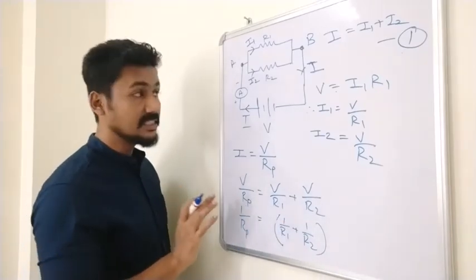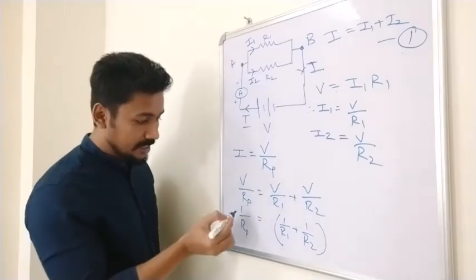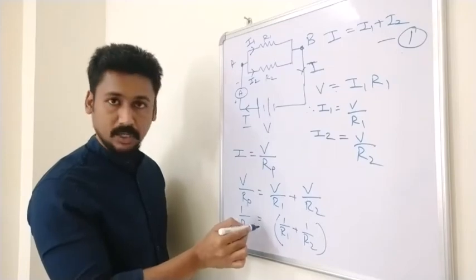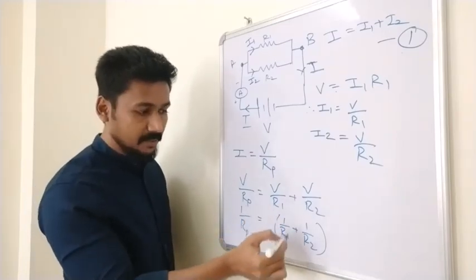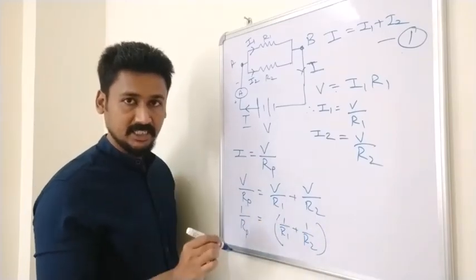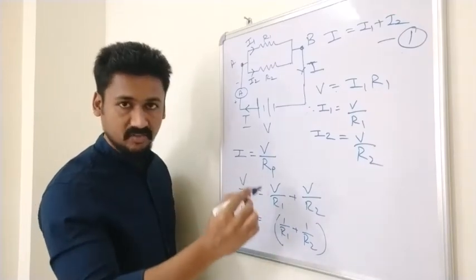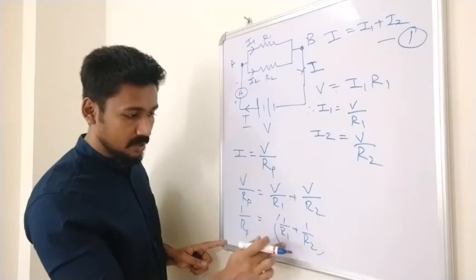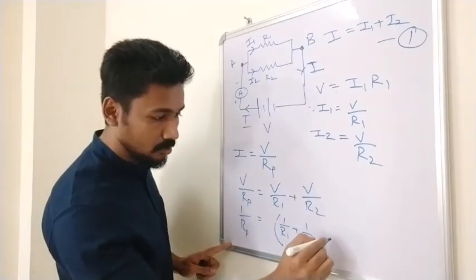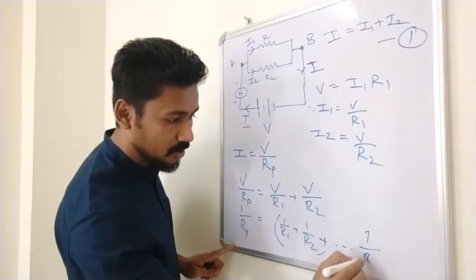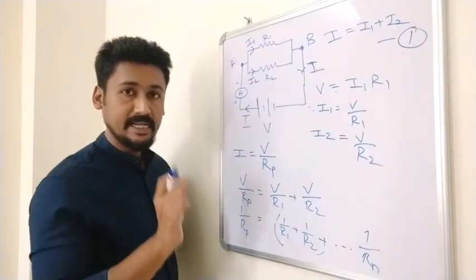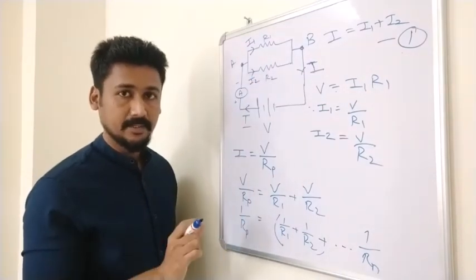So when resistors are connected in parallel, the reciprocal of the total resistance is equal to the sum of the reciprocals of the individual resistors. If we have n resistors, this equation becomes 1 by Rp is equal to 1 by R1 plus 1 by R2 plus up to 1 upon Rn. So that is the formula for resistors connected in parallel.